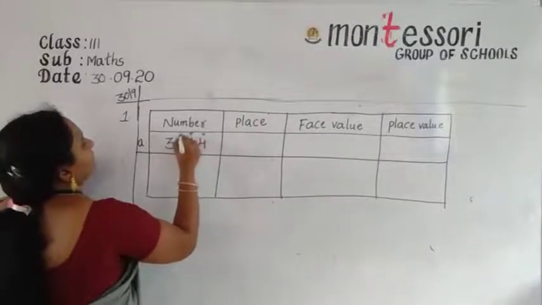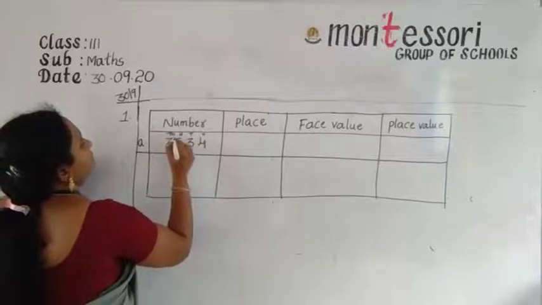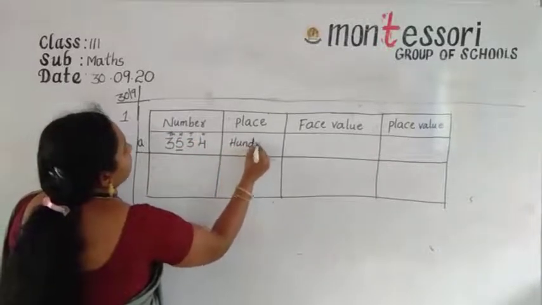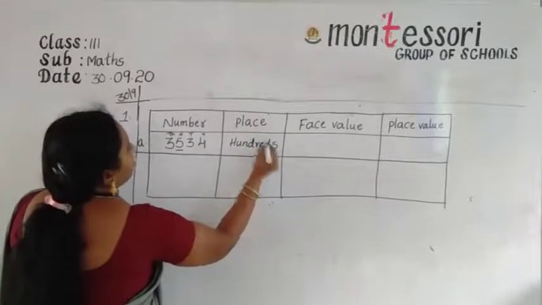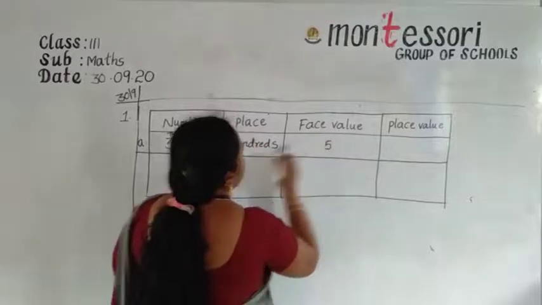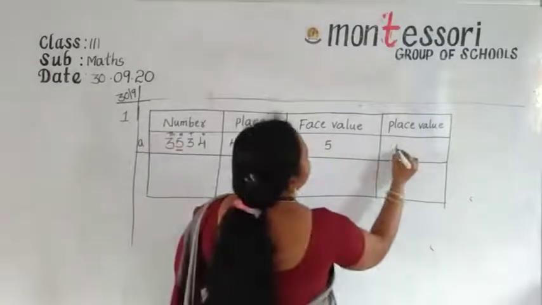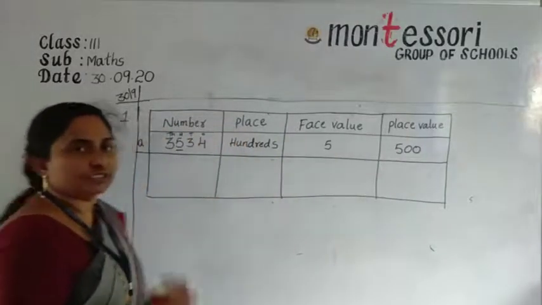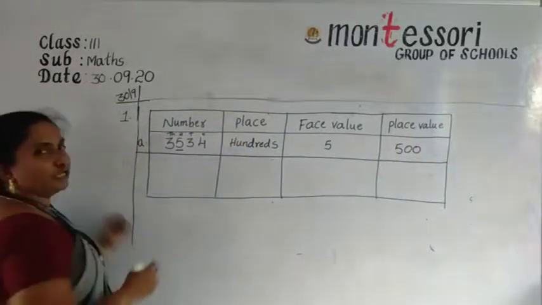Ones, tens, hundreds, thousands. So now here write hundreds. What is the face value? 5. 5 into 100, 500. Okay, understood? So likewise you can write your homework.